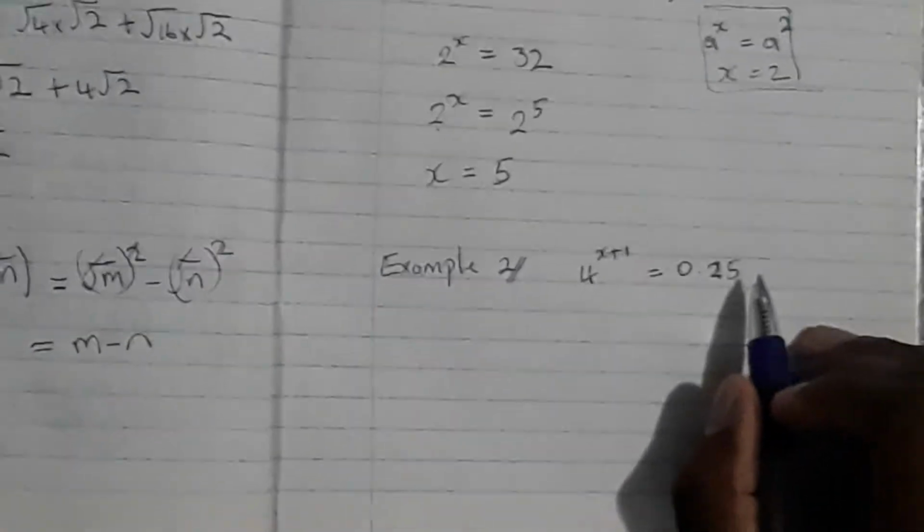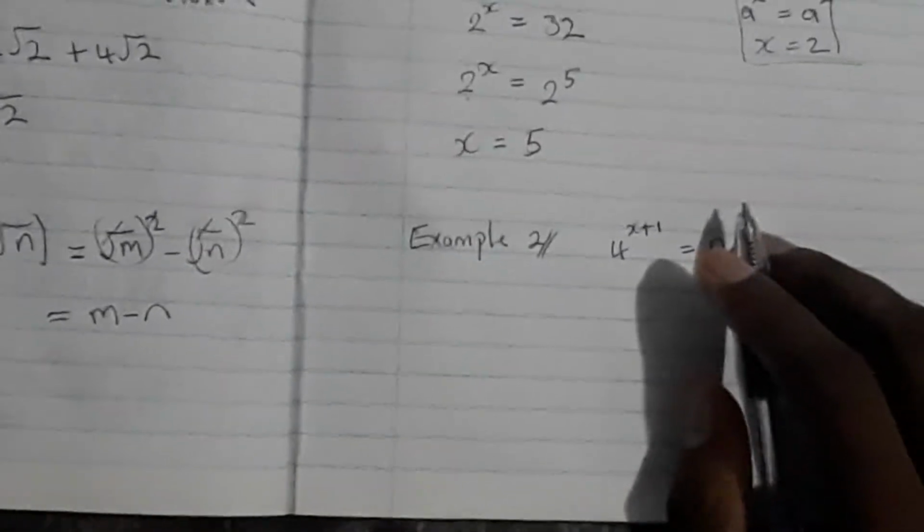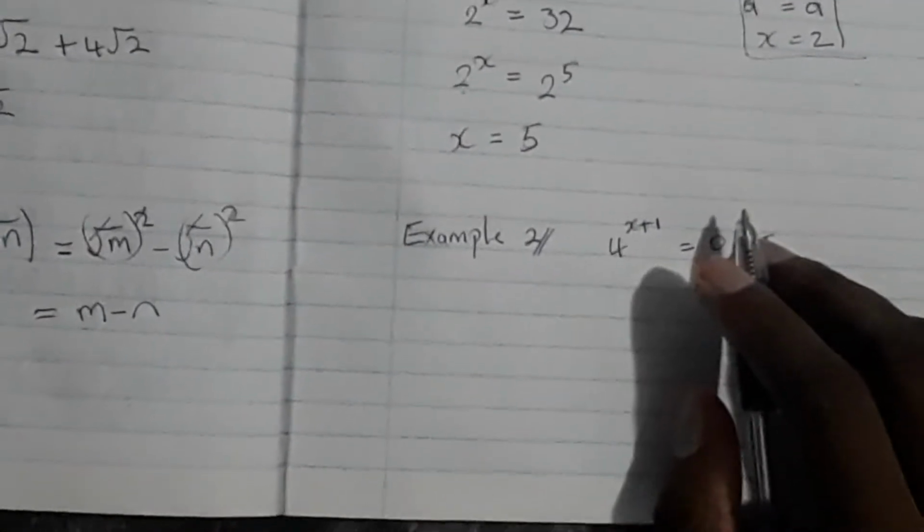So we're gonna look at 0.25. How can we bring that to 4 to have the same base number as x plus 1? So 0.25 is the same as a quarter.